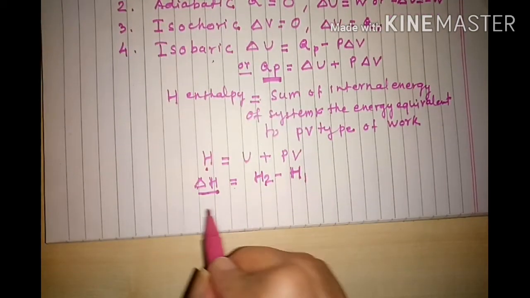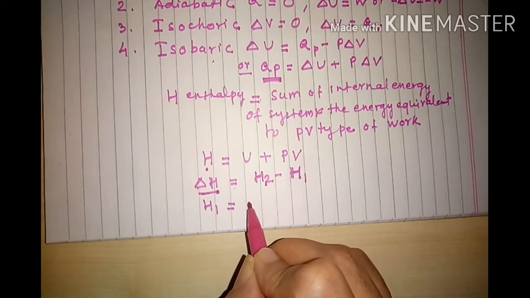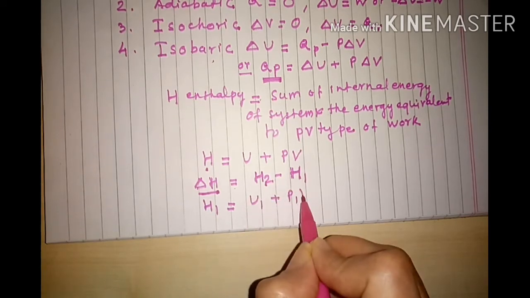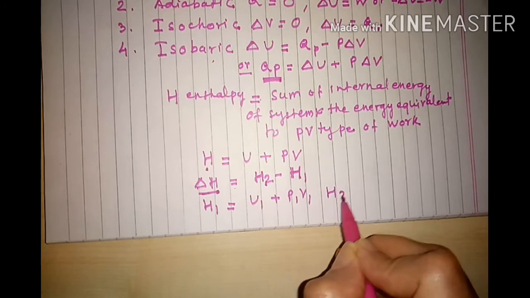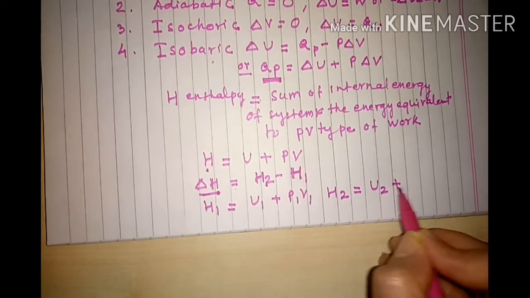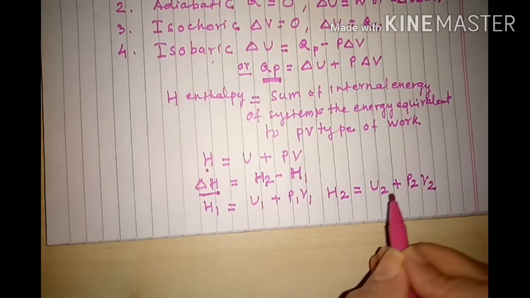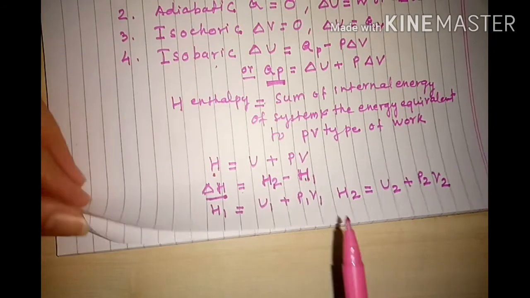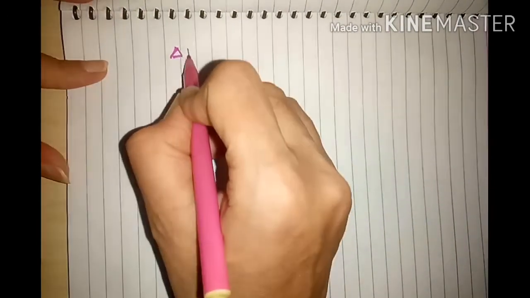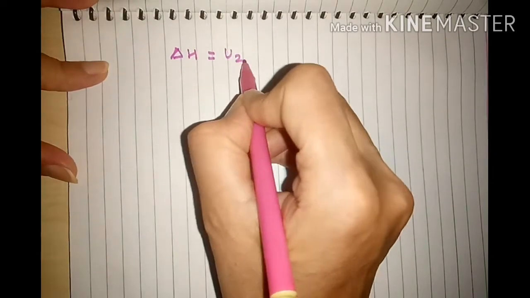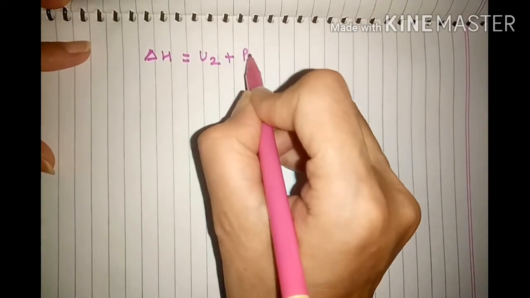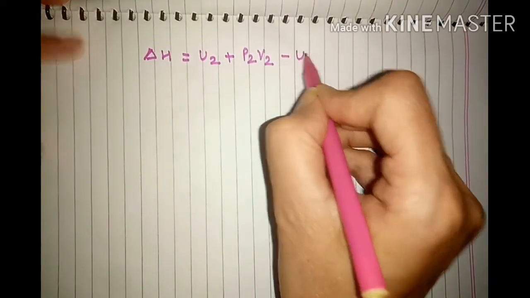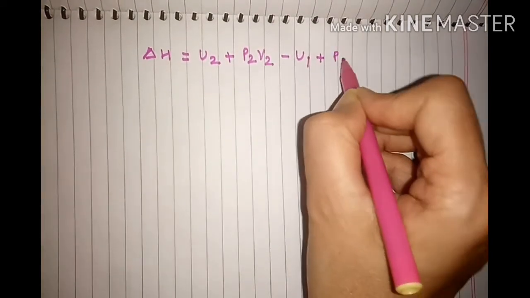Now further you can write H1 will be equal to U1 plus P1 V1 and H2 would be equal to U2 plus P2 V2. So we reach up to this state. Now what is this delta H? This is difference between H2 and H1. So you can write further here, delta H is equal to U2 plus P2 V2 minus U1 plus P1 V1.